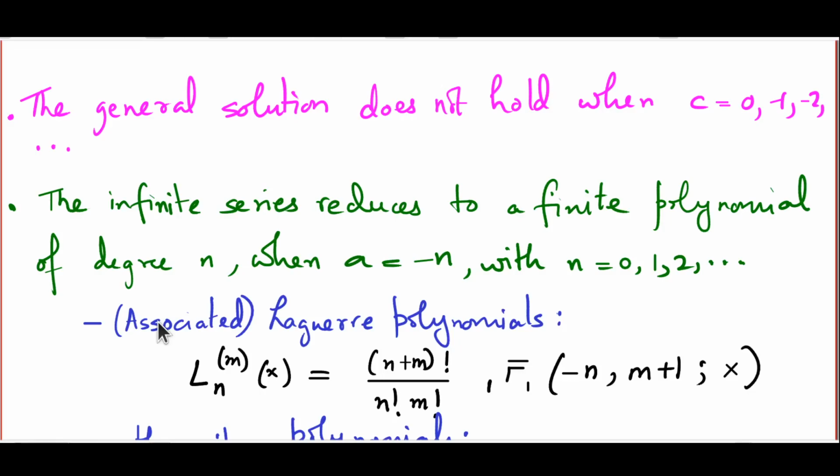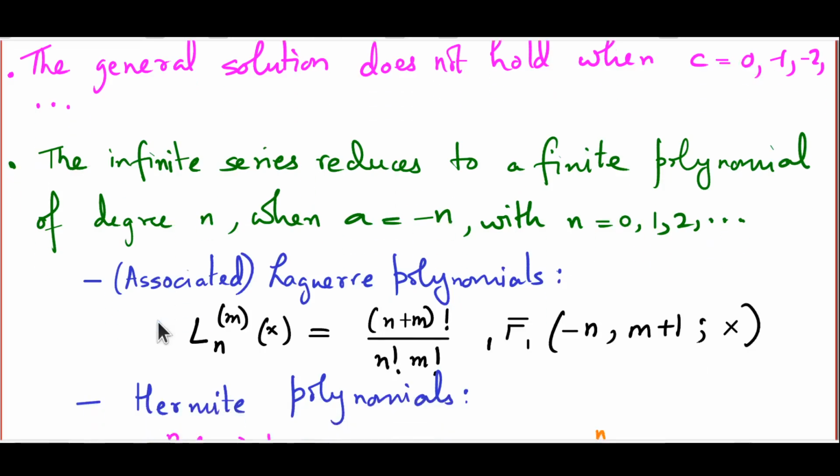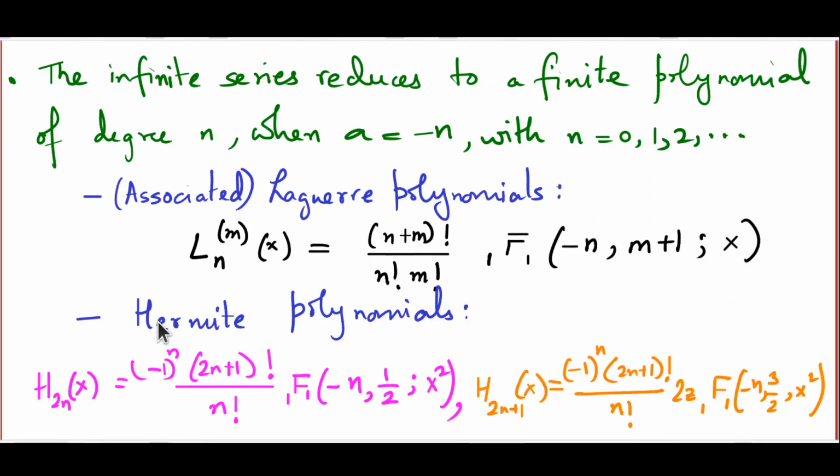Now, another special situation arises when the argument used is not x but x squared, and c happens to be either 1/2 or 3/2, with of course a being equal to minus n and n taking values 0, 1, 2 and so on.